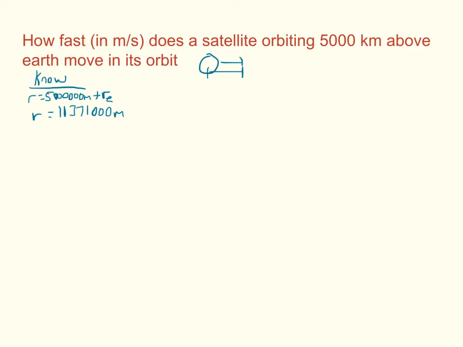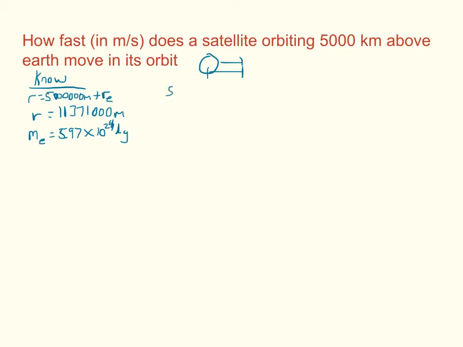And that's really the only piece of information I have. I might need to look up the mass of the Earth since we're talking about things in orbit, and that is 5.97 times 10 to the 24th kilograms.